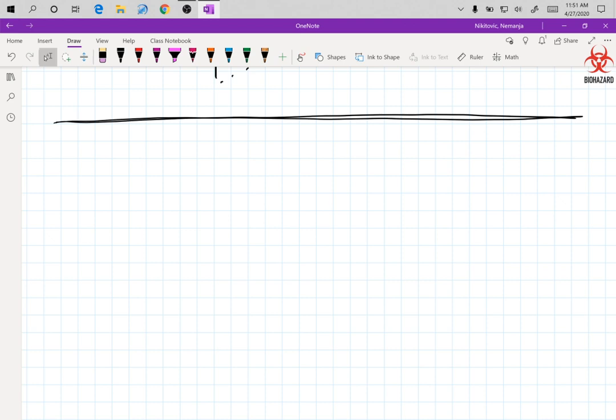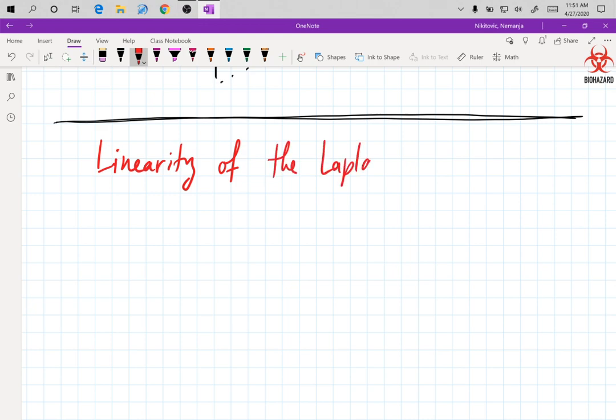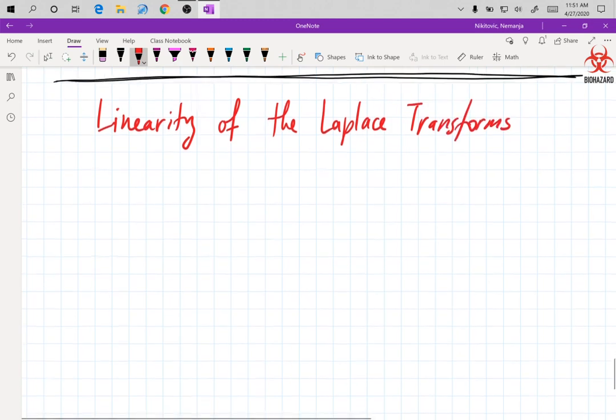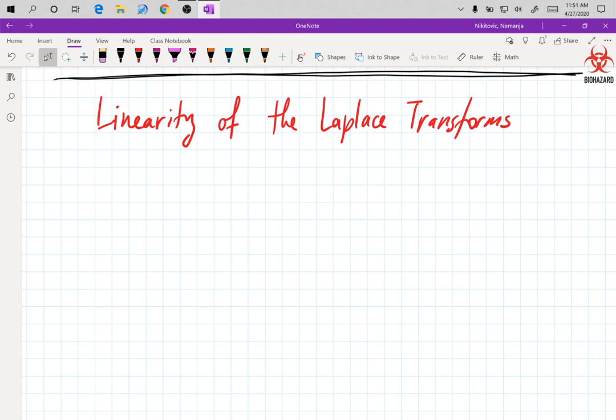So linearity, this is a very important theorem. Linearity of the Laplace transforms. That's the full name.